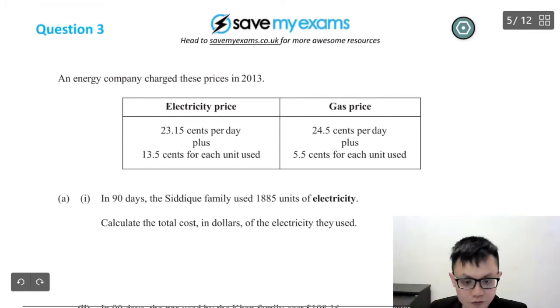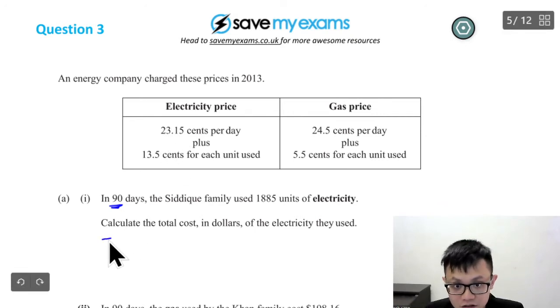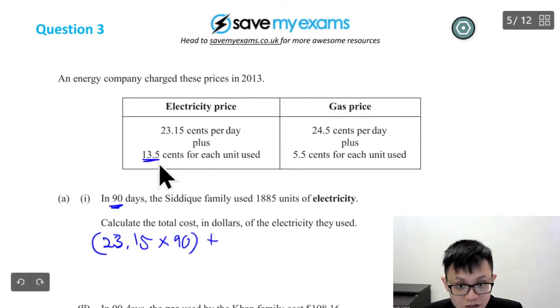Okay, so for this one, 90 days. Basically, I need to multiply by 90, correct or not? So I just do 23 times 90, plus, because for each unit used, 13.5 cents for each unit used.